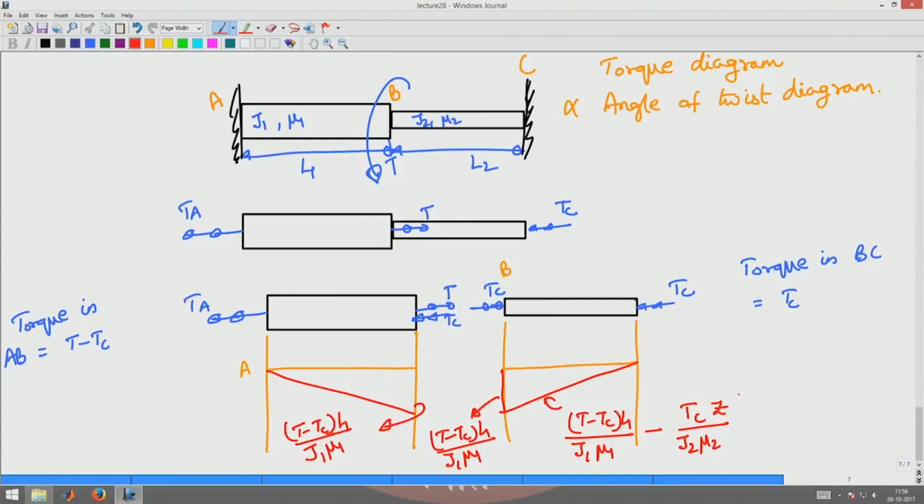Z, if I am measuring Z from A, it will be Z minus L1. Okay. Now, I know that at C the twist has to be 0. I use that condition to find what Tc is. Okay.